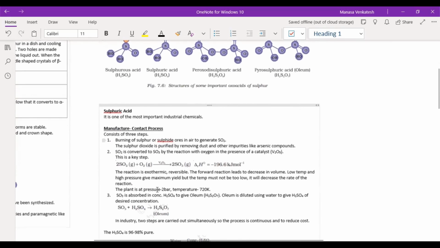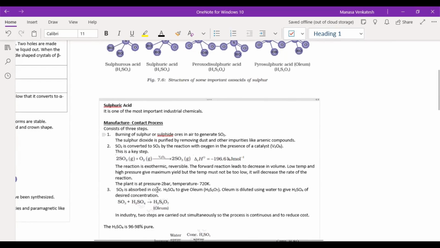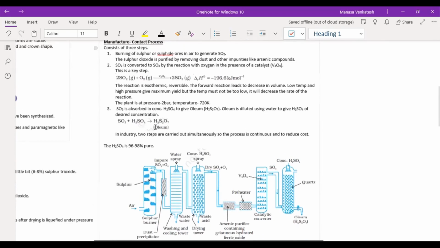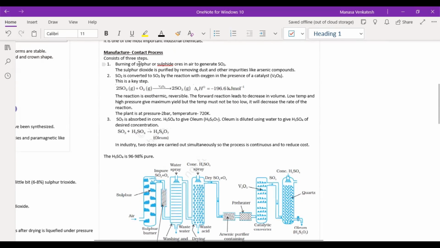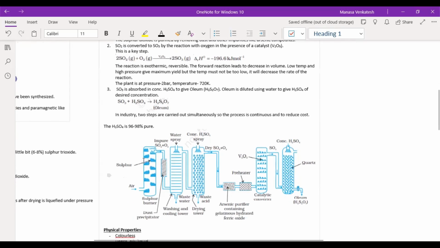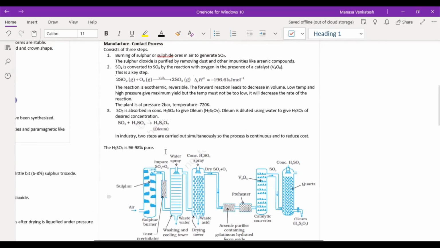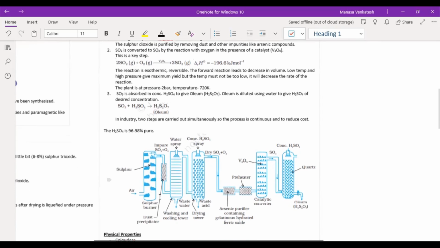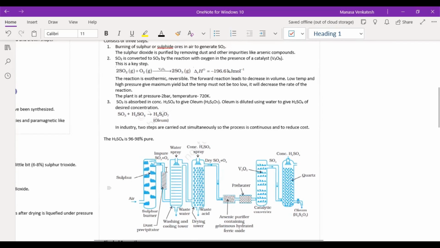Let's start with sulfuric acid. It's one of the most important industrial chemicals. First is the manufacture by the contact process. The contact process consists of 3 steps. The first one is burning sulfur or sulfide ores, and this generates sulfur dioxide. The sulfur dioxide is going to be impure, so it has to be purified, which is done by removing the dust and various impurities like arsenic compounds.